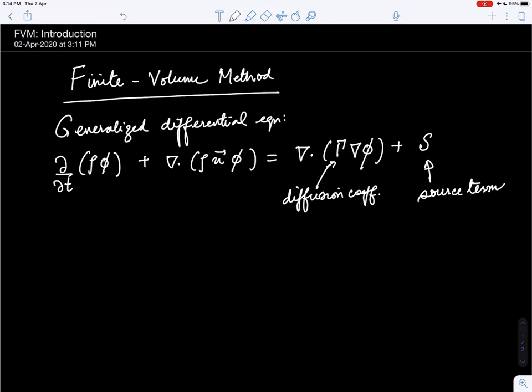This equation is for any scalar phi, and this phi can be replaced with different scalars to get different conservation forms. For instance, if phi is 1, we get the equation for mass conservation. If phi is the velocity components, we recover the momentum equation.